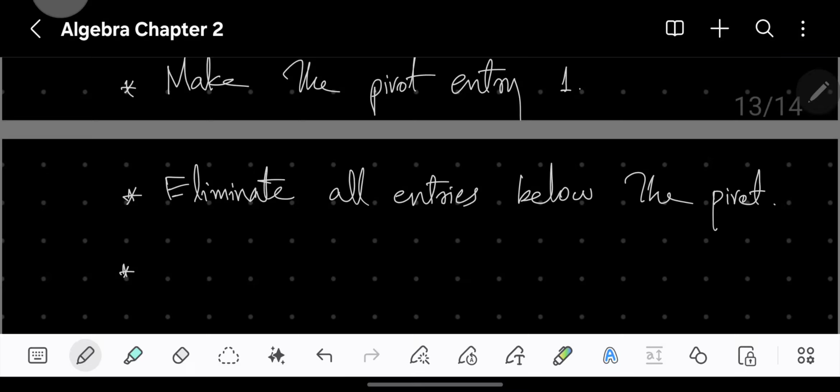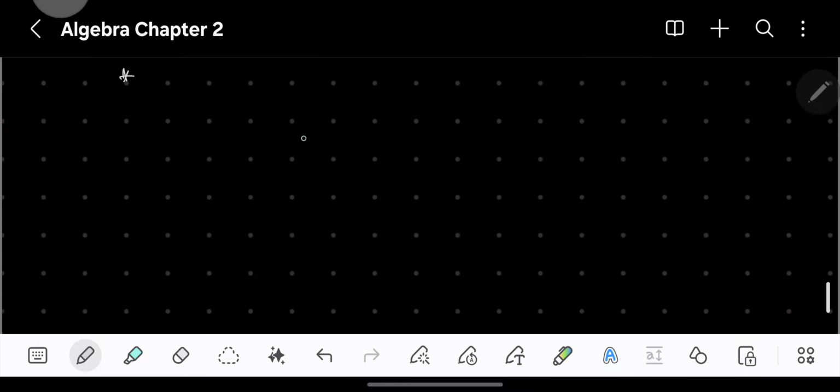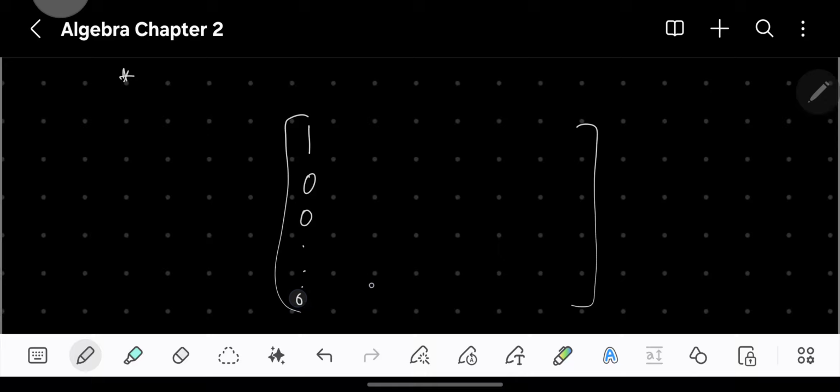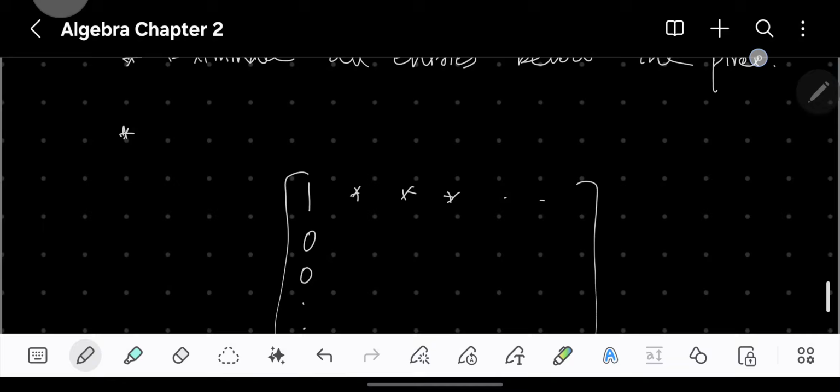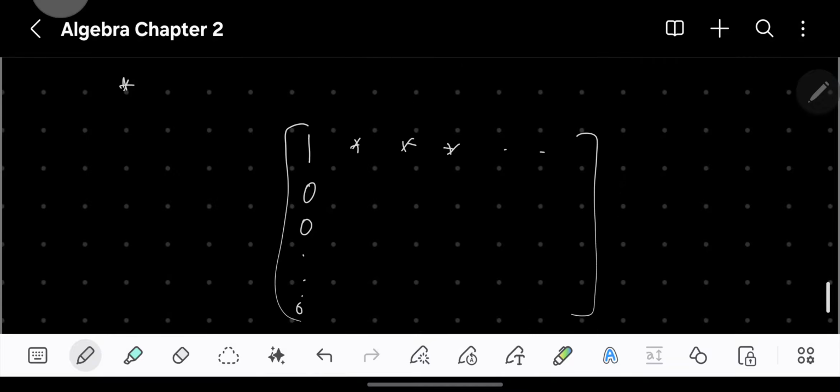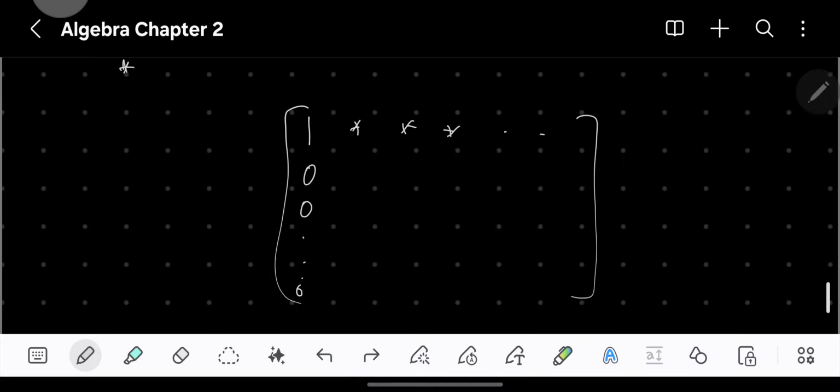Once we are done with this, we have a matrix where we have made this 1, we have made all of these 0, and here anything, anything, anything. Now the algorithm which we have done for the whole matrix, we will apply to the submatrix.